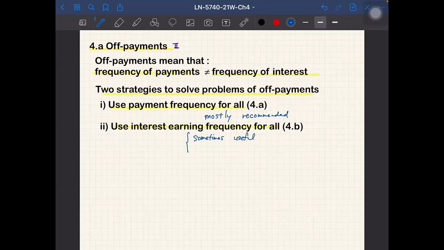So the second methodology, using the interest earning frequency, is sometimes useful when we use BA II Plus.